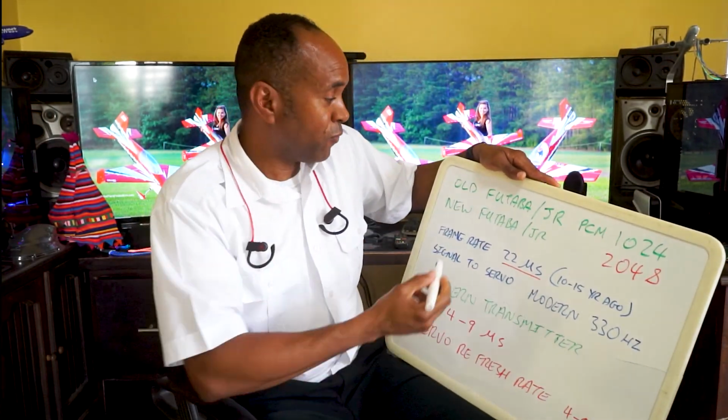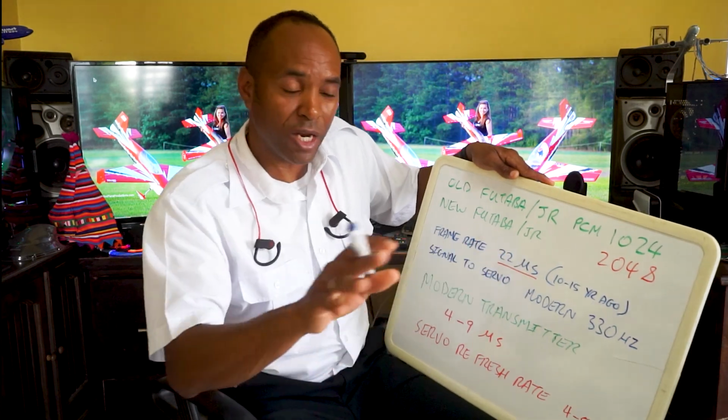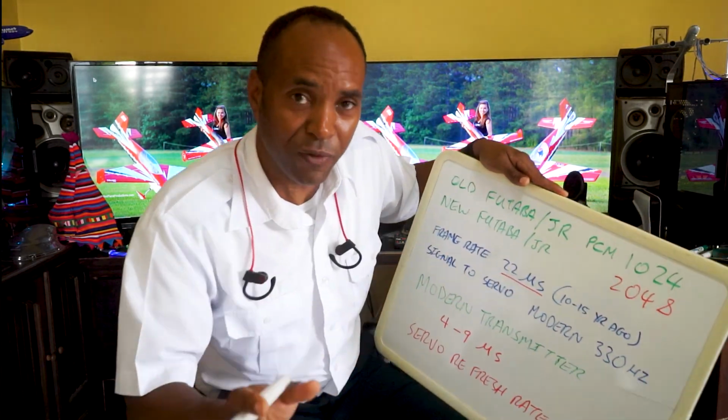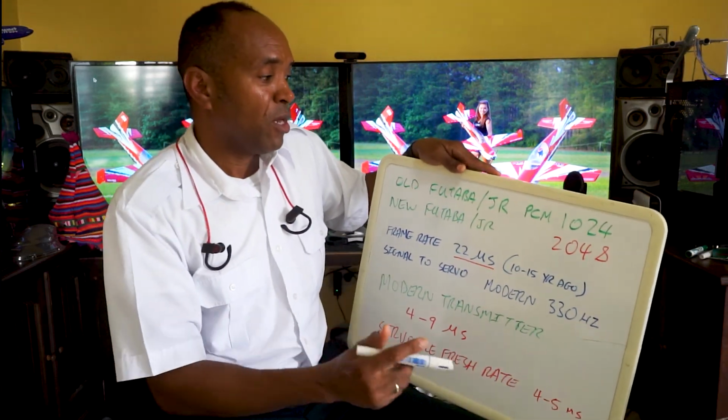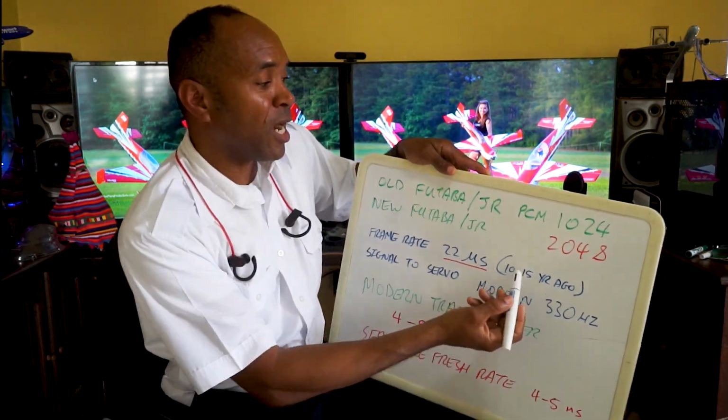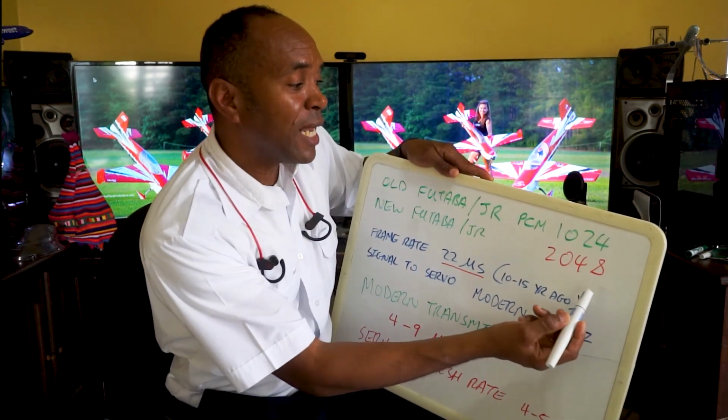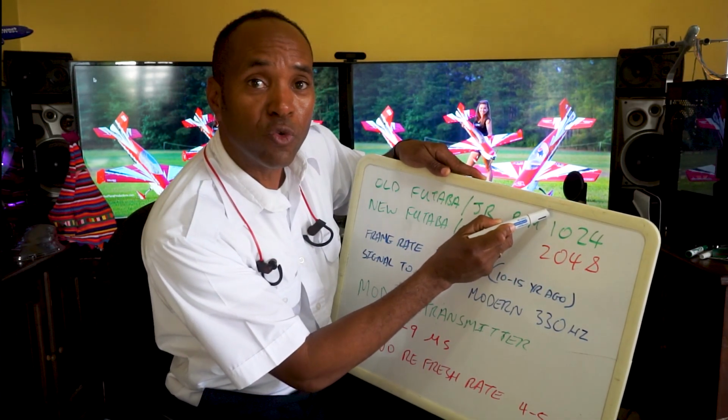A more modern Futaba or GR or any radio from that era, like 10 to 15 years ago, right, will have a resolution of 2048. That is twice the resolution of 1024.